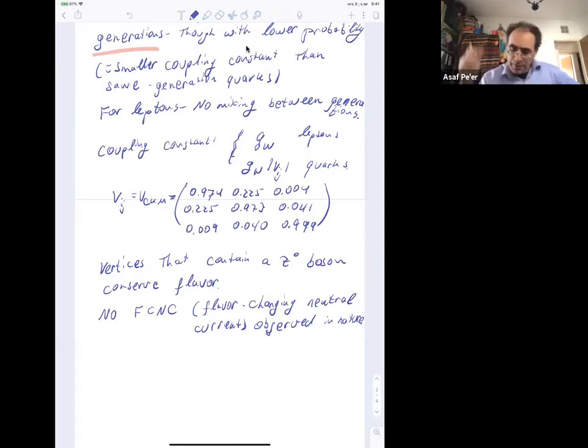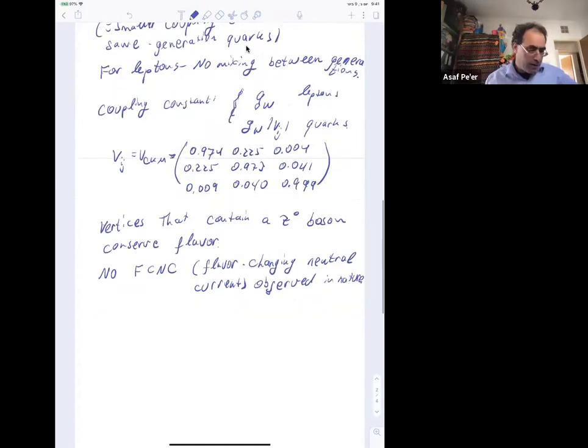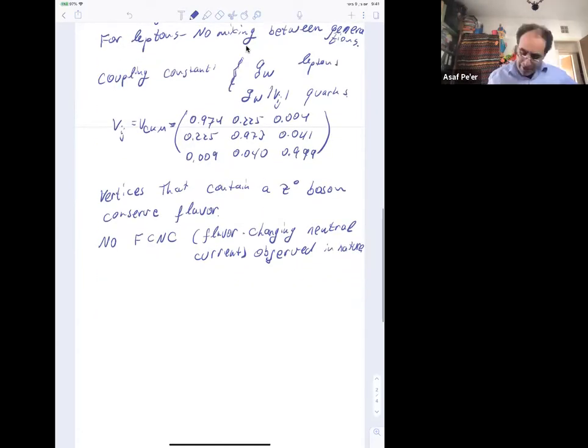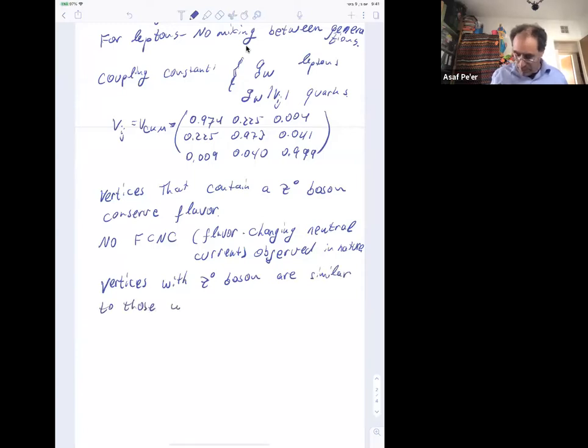So generally, vertices with the Z boson are similar to those with photons.